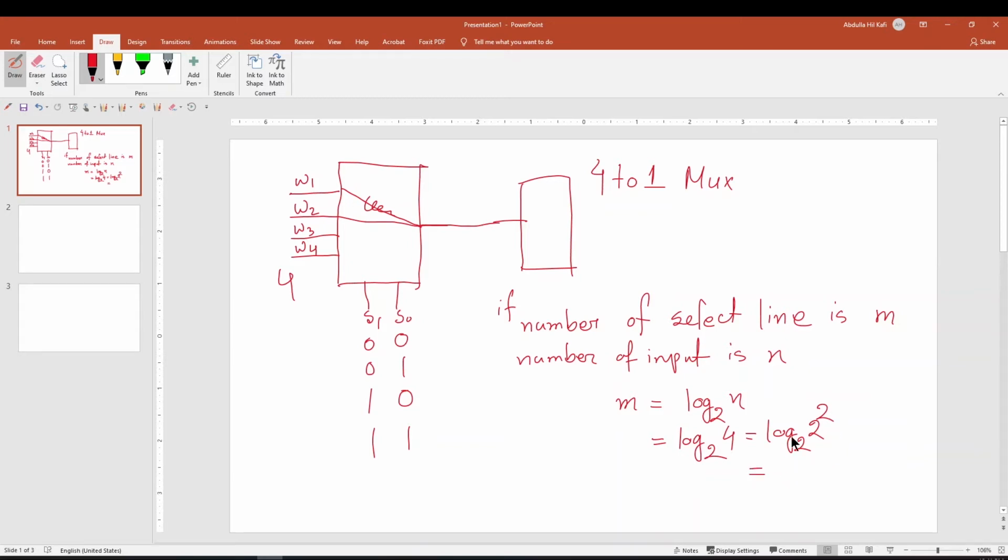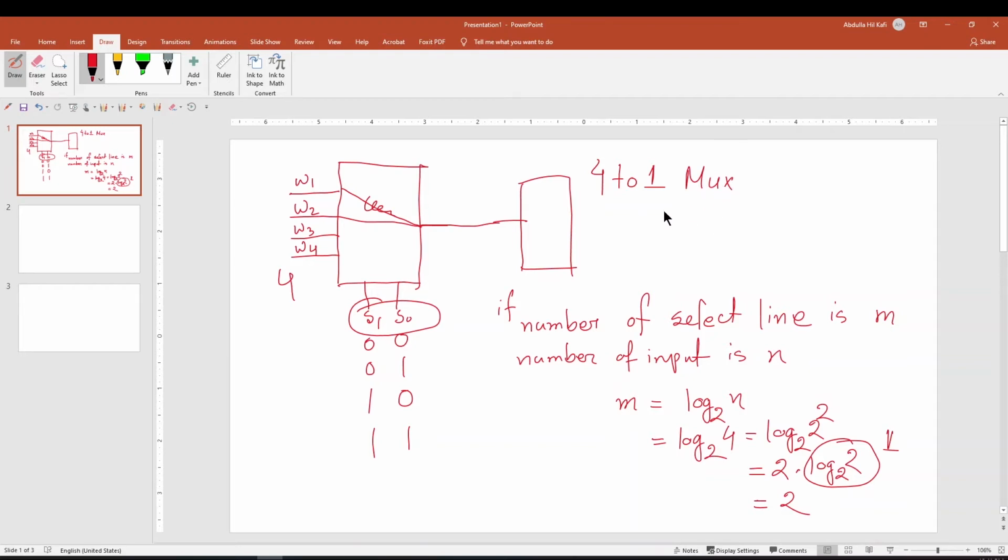So we can rewrite this as 2 into log base 2 of 2, and log base 2 of 2 is 1, so we get 2. So we need two selection lines. Here you see we have two selector lines. This is the basic concept of a MUX.